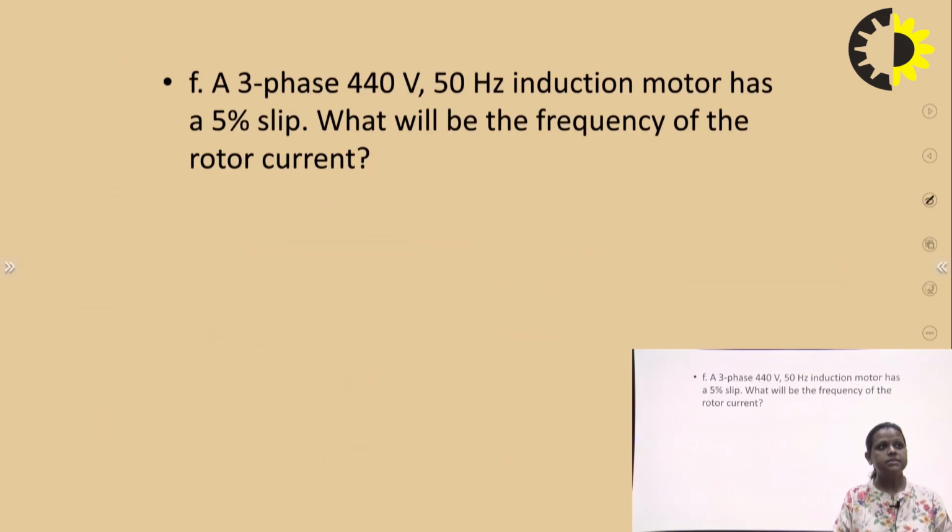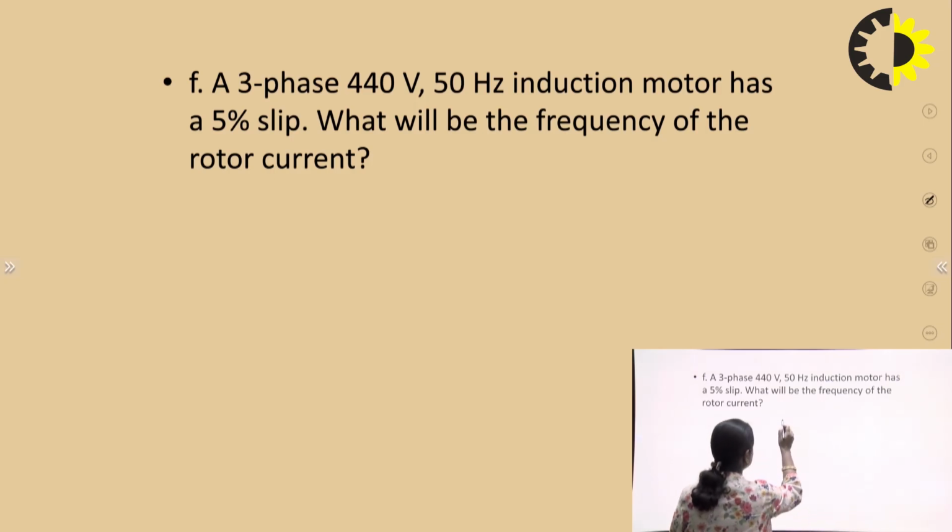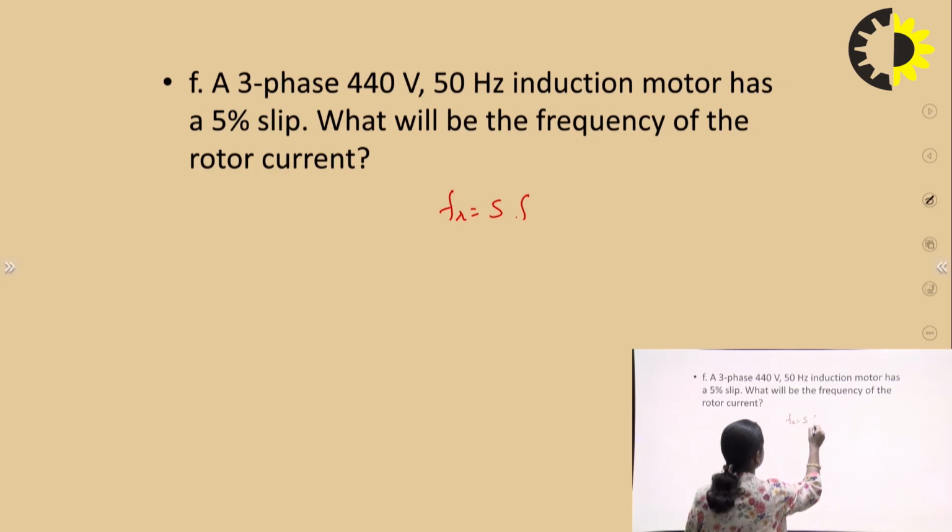Then next is, a 3-phase 440 volt 50 Hz induction motor has a 5% slip. What will be the frequency of the rotor current? So here we have a 3-phase 440 volt 50 Hz induction motor which has a slip of 5%. What is the frequency of the rotor current? We know that the relation is Fr is equal to S into F, right?